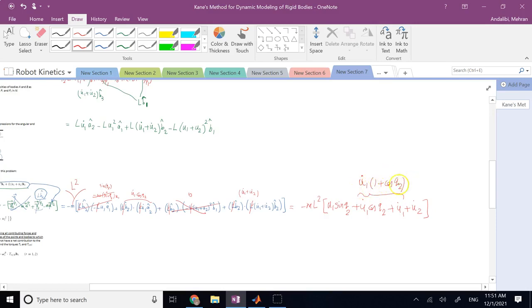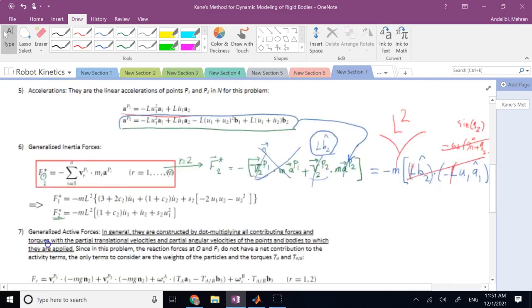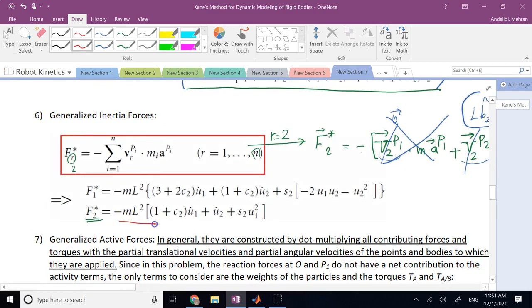So it's U1 dot times 1 plus cosine Q2 plus U2 dot plus U1 sine of Q2, the whole thing times negative ML squared. That's exactly what you see here. C2 here means cosine of Q2. And if you do this time expanded for R equal 1, you will see that F1 star is going to be that whole big thing.